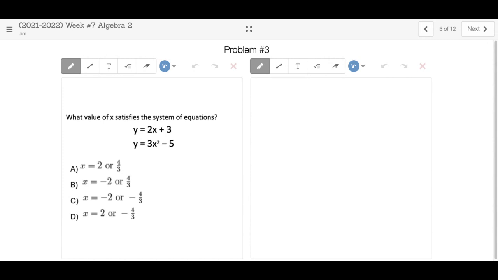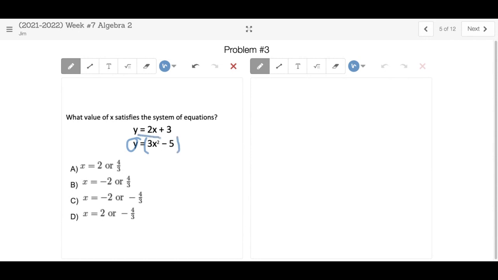Okay. So now the next problem, I'm looking at it. I mean, I could graph this thing out. It makes no difference, but I don't want to graph every problem out because I want to practice what we've learned. So I'm going to use substitution in this problem. I know what y is equal to. y is equal to 3x squared minus 5, so I'm just going to plug it in.